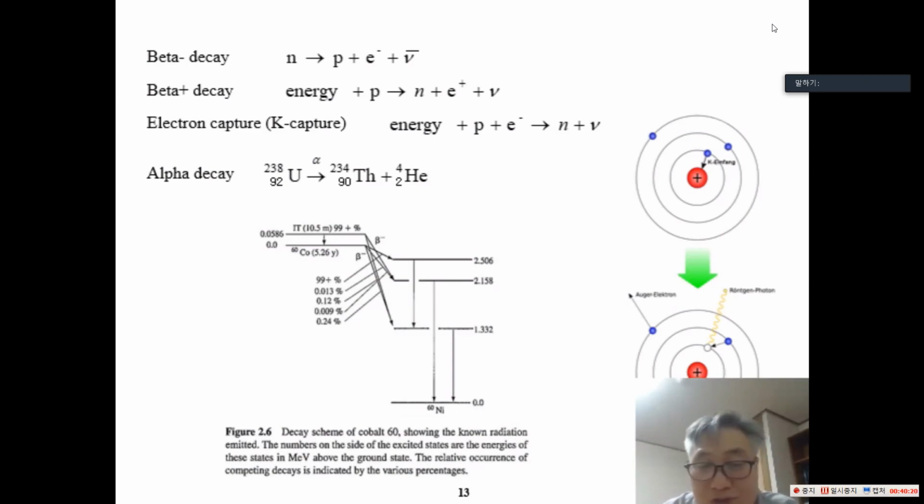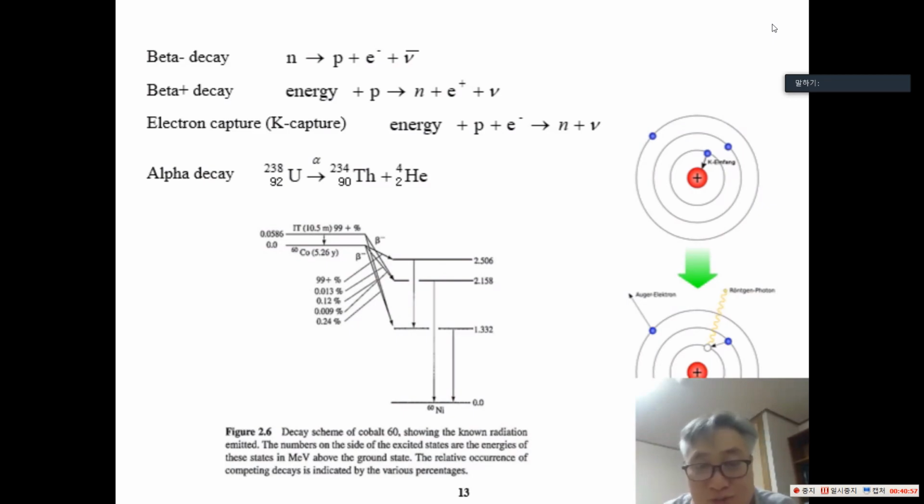But some elements go directly by beta decay to 2.158, and then go directly to ground state. A very small fraction, 0.24% of cobalt-60, goes to the 1.332 energy state of nickel-60, and it emits energy to become ground state nickel-60. So this is quite a complex pattern for cobalt-60.